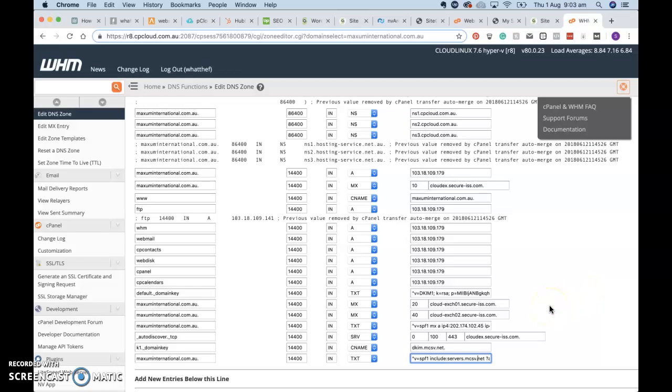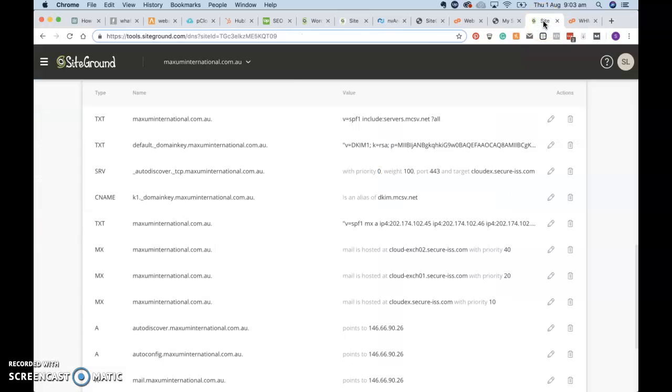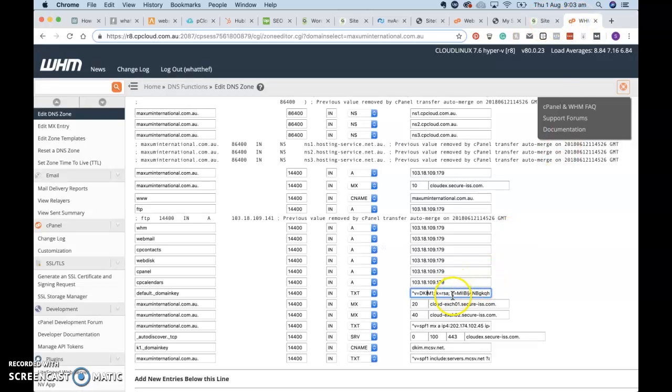The issue that I have is this DKIM here. It's got a quotation mark on one side of it, on the left-hand side, but not on the other side. So if I look at that one, that was, just let me see, the MIIB one.